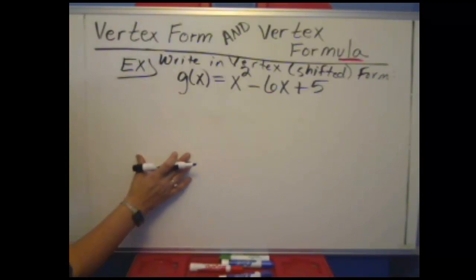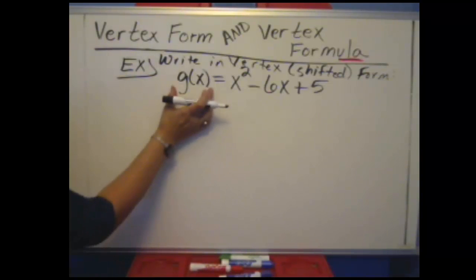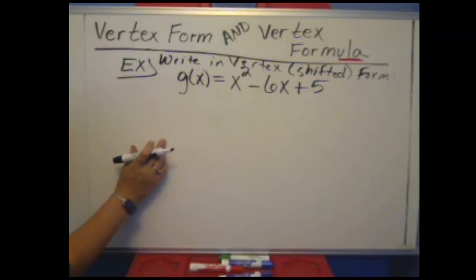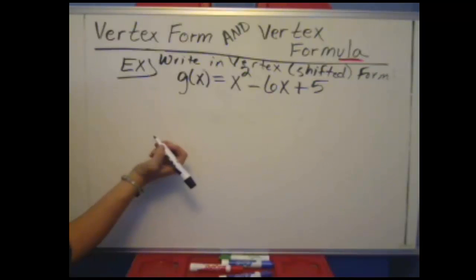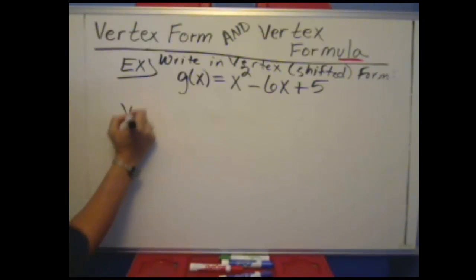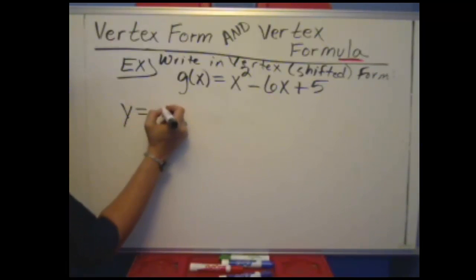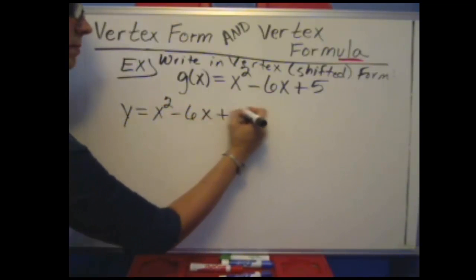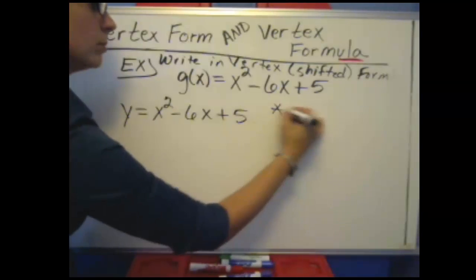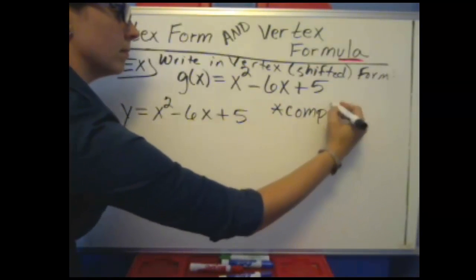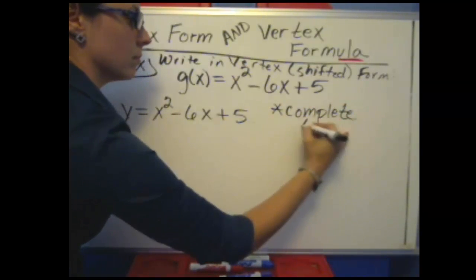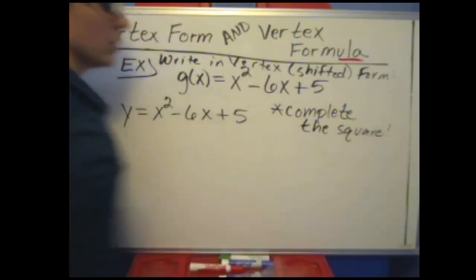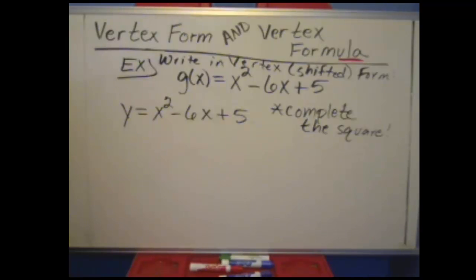So the first thing I'm going to recommend is to make this look easier. Instead of writing g of x, which is actually the name of this function, I'm going to replace that with a y so that I can complete the square maybe in a slightly cleaner method. So y is equal to x squared subtract 6x plus 5. Remember that as we complete the square, we have some standard steps that we like to follow.